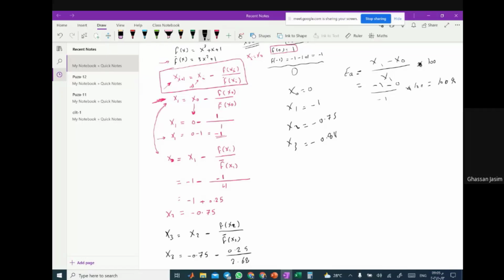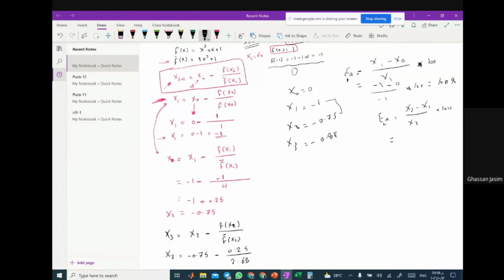Okay. The second error, between them, EA2, will be x2 minus x1 over x2 times 100.